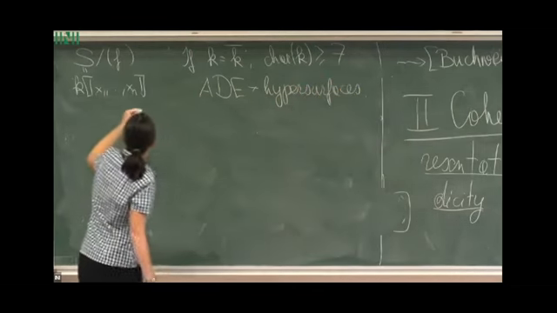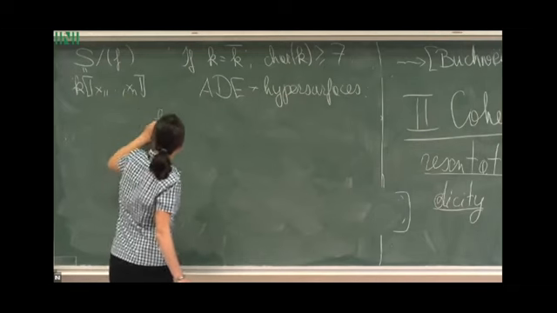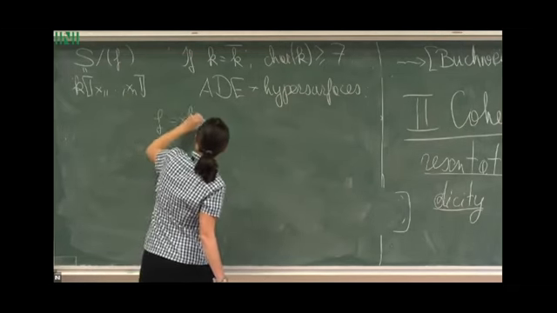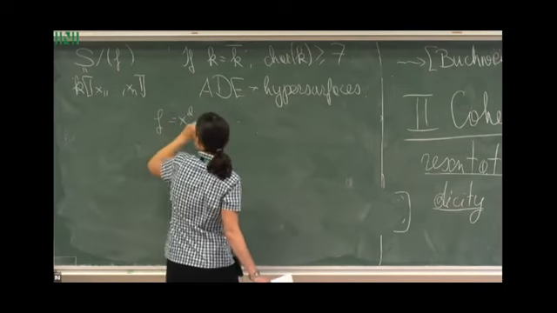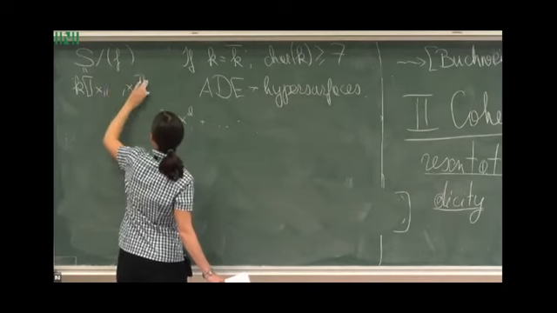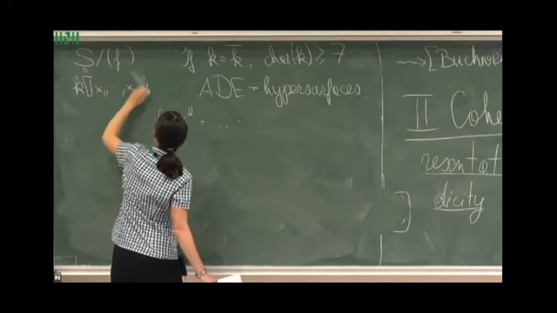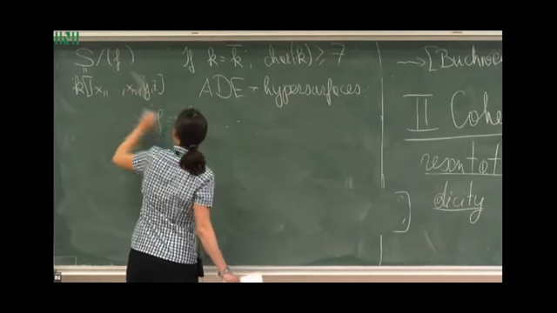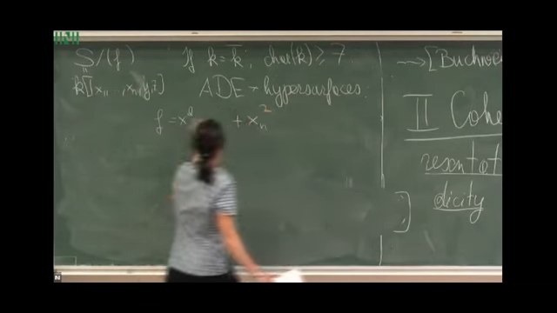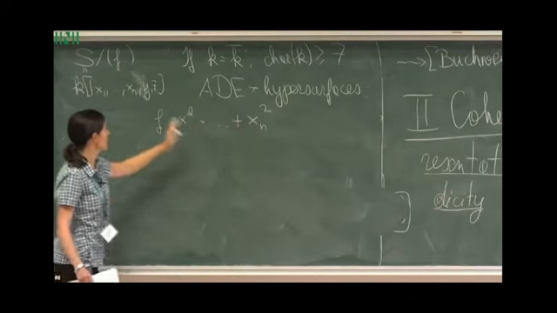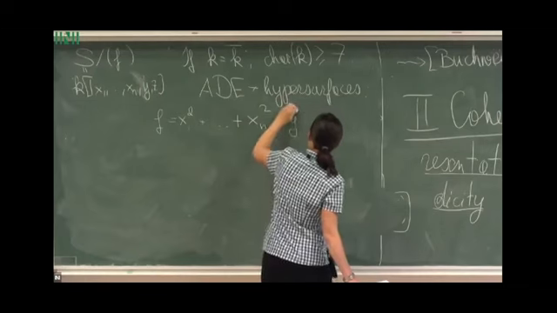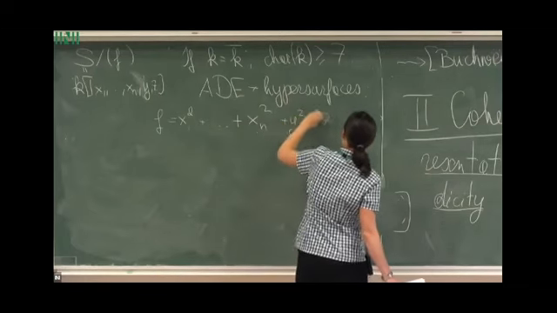So this means that F is of the form x1 squared. Oh, I did something not very clever. Maybe I'll just add two variables. So we have a sum of squares, which we can then neglect, and y squared plus z to the n plus 1.